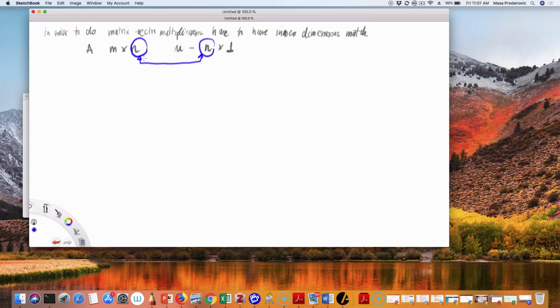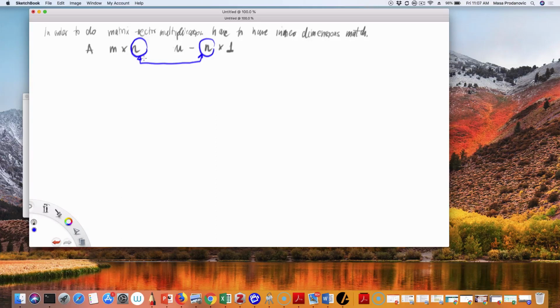So I can multiply 2 by 3 and 3 by 1. Okay? 2 by 7 and 7 by 1. 7 by 11 and 11 by 1. That way I will be able to do the scalar product of the row vector in the corresponding row in the matrix and the column vector that I have as u.